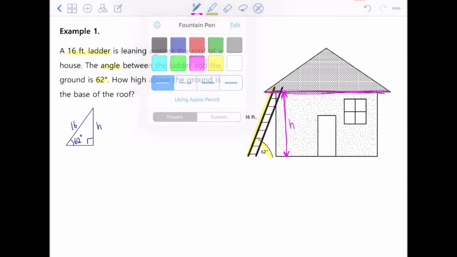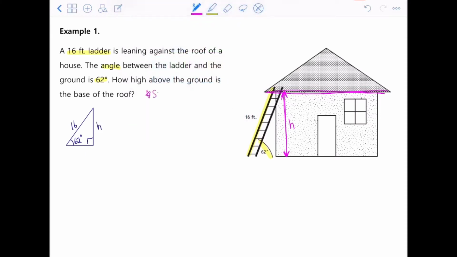Using one of the trig ratios, SOHCAHTOA, we need to choose a ratio that would let us solve for H. In this case, the angle we have is 62, and relative to that, the side that's across from that angle is the opposite side.